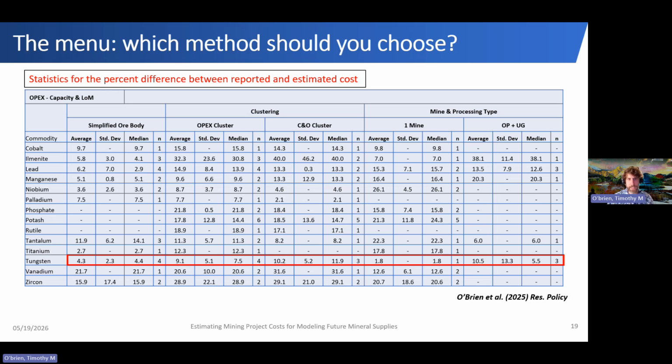So by putting this menu or chart together, which shows the errors as the percent difference between the reported and the estimated cost, it will indicate those with the lowest difference. The smallest number should indicate which type of regression might be the most appropriate for you to choose.